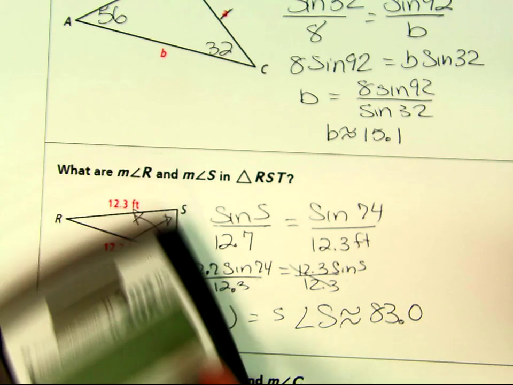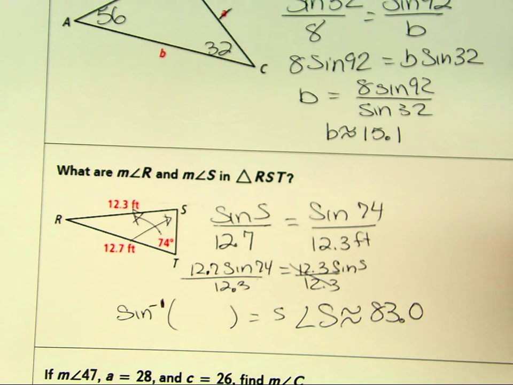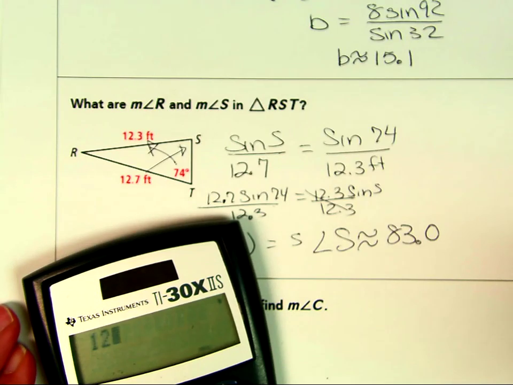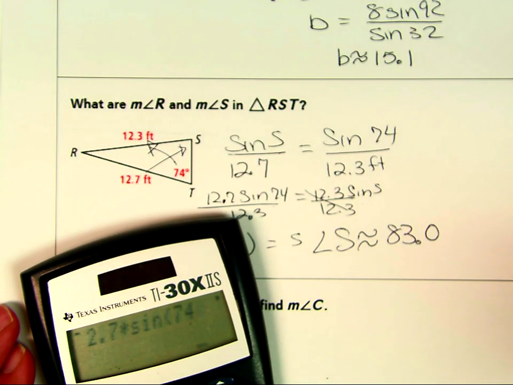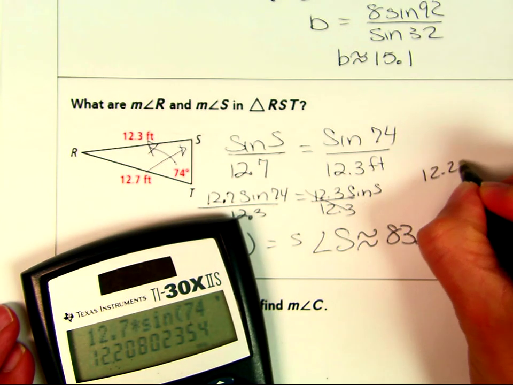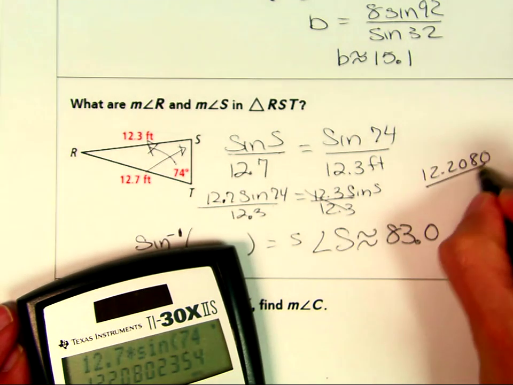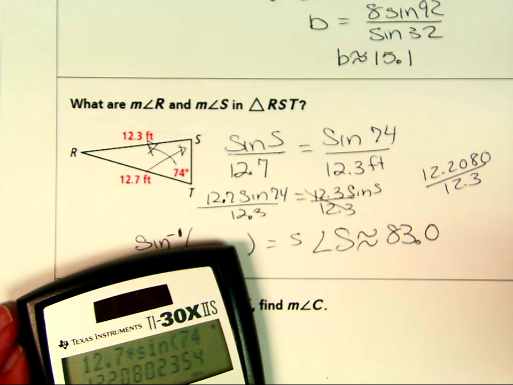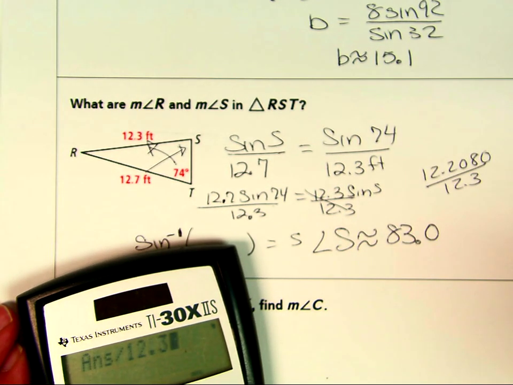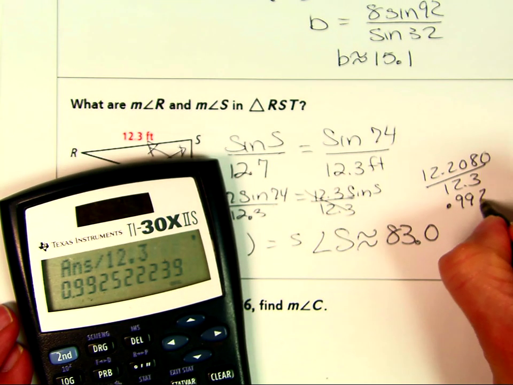You don't have to do it all in one time. You could have said 12.7 times the sine of 74, and you could write this number down. When you do it this way, make sure you go out at least 4 spots. And then divide that by 12.3. And then we got 0.99252.